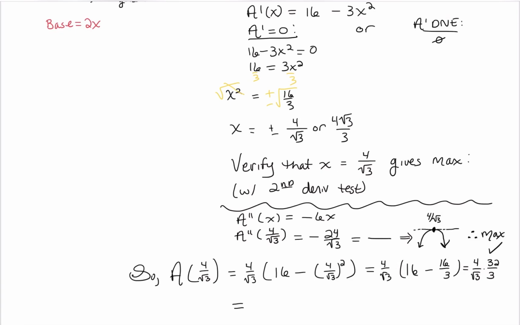So we're going to end up with 128 over 3 square root of 3. And let's see, this is an area, so I guess we'll just say that is in square units. So this would be the actual max area. All right, so that's the last one in our optimization section.